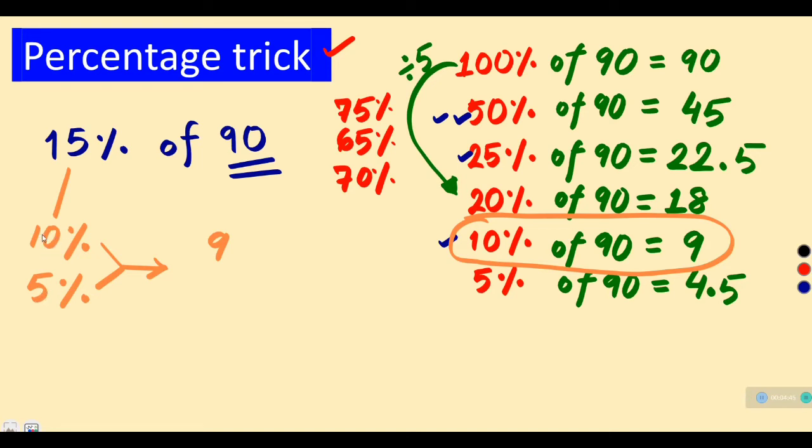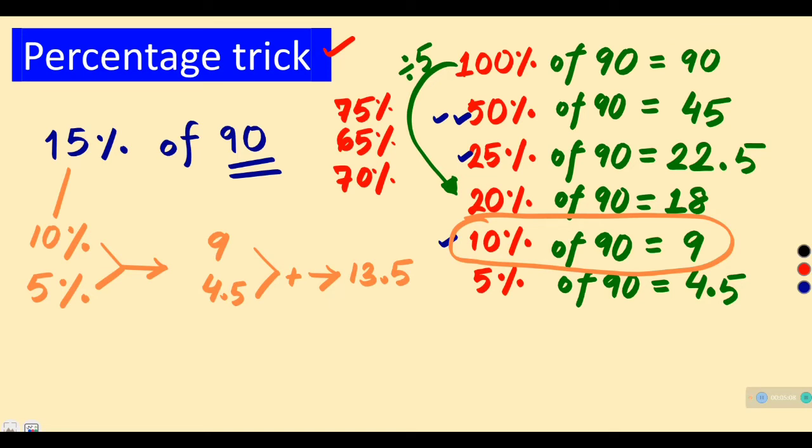Half of 9 is 4.5. Add both of them, you will get 13.5. So this is very much easy. 15% of 90 is 13.5.